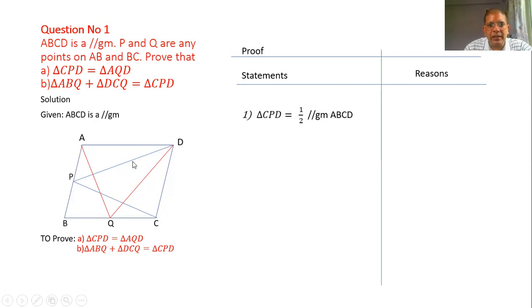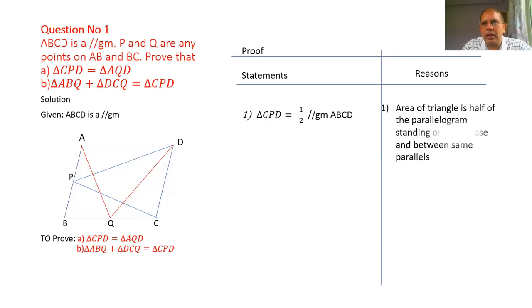We did this question in our short questions. So what is the reason of this? This triangle and this parallelogram are standing on the same base CD and between the same parallels. So your reason is: area of triangle is half of the parallelogram standing on the same base and between the same parallels.